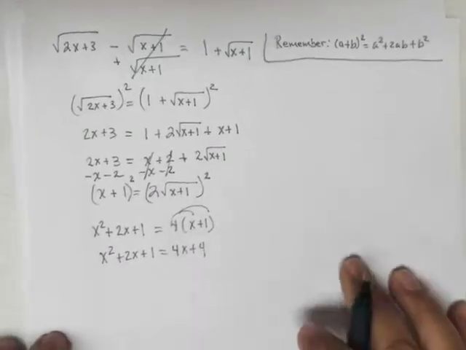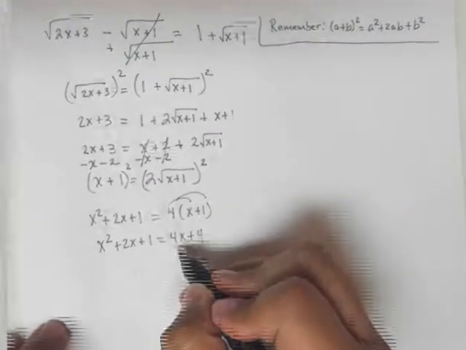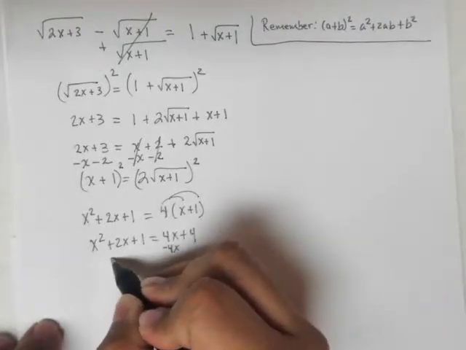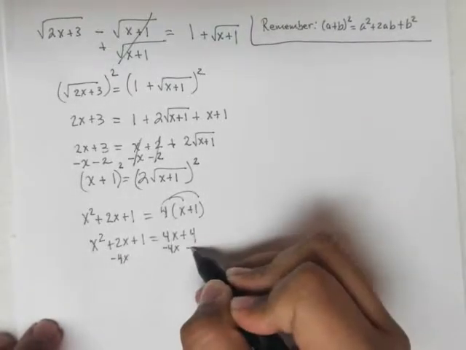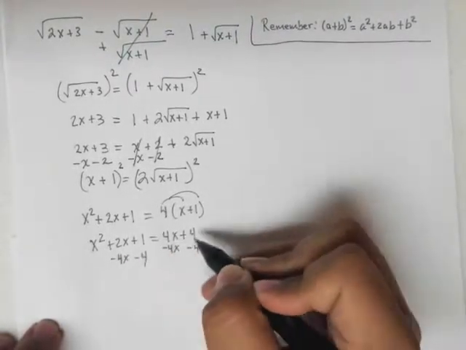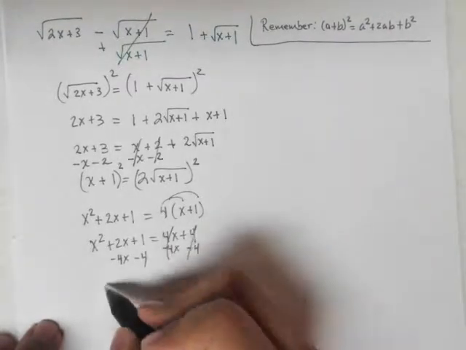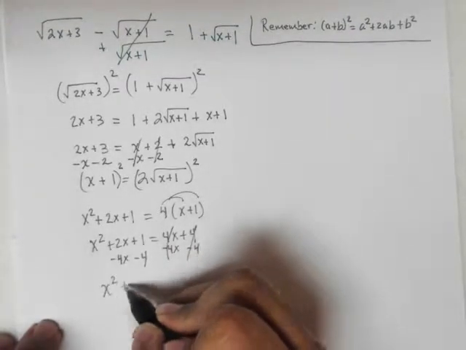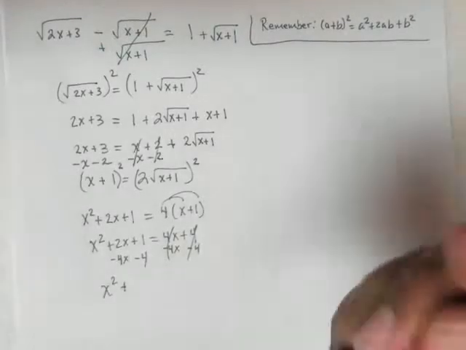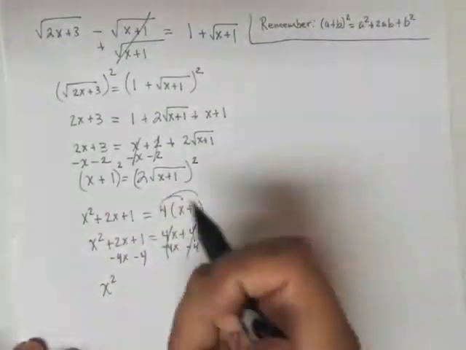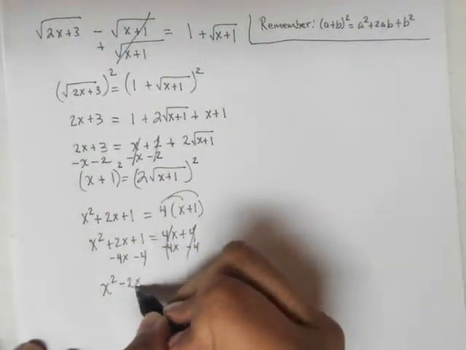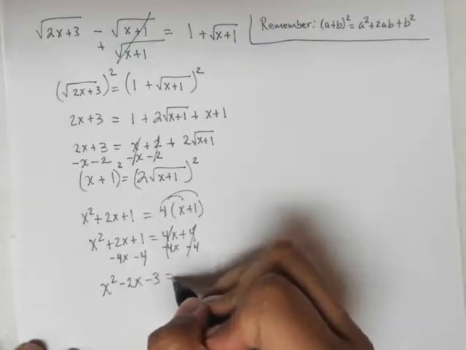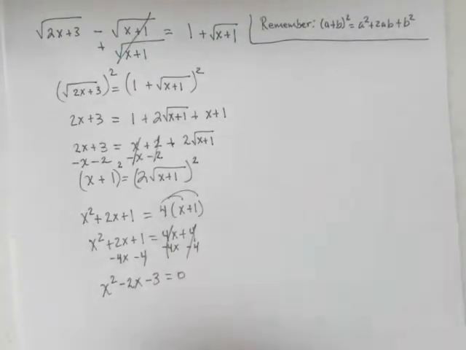Now it's quadratic, and I want it equal to 0. So I'm going to move these two over to the other side. And just like that, I get x squared, not plus, in this case it's minus 2x minus 3 equals 0.